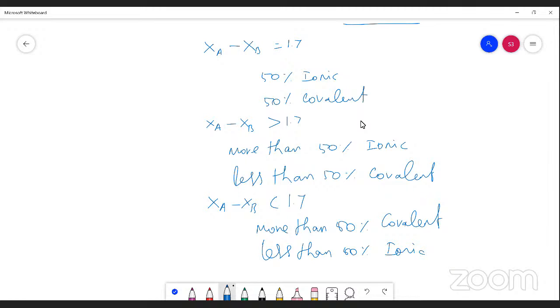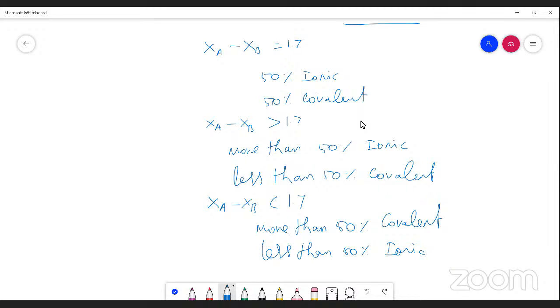This electronegativity difference is also indicated by the Pauling method. So the percentage of ionic character in a covalent bond can be explained by Pauling, whose experimental data gives 1.7. An electronegativity difference between atoms A and B equal to 1.7 means 50% ionic and 50% covalent character.